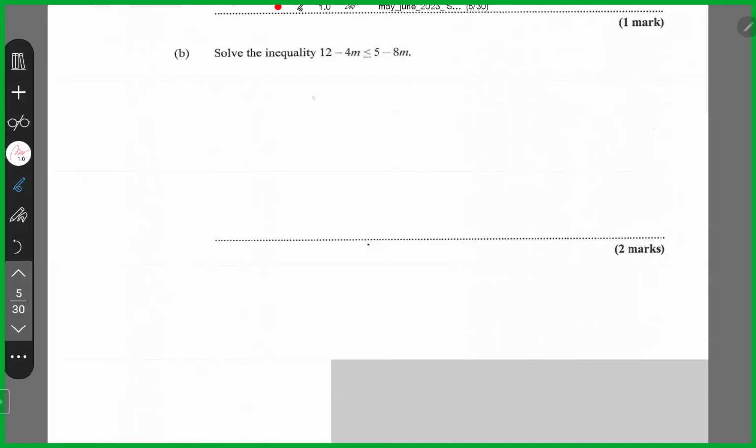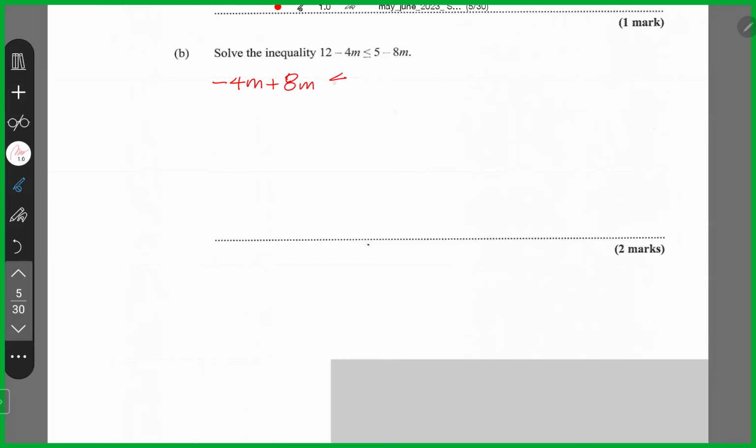We're going to have minus 4m first, plus 8m. Negative 8m on the left goes over to the right and becomes positive.